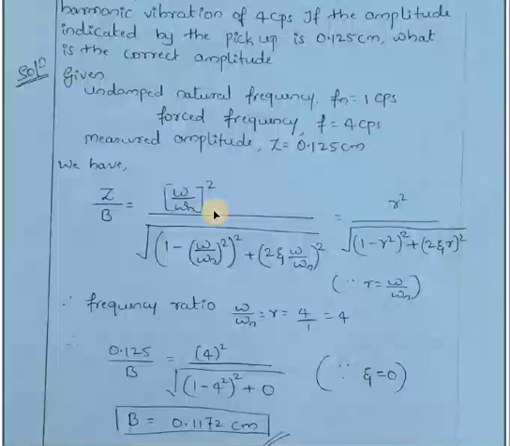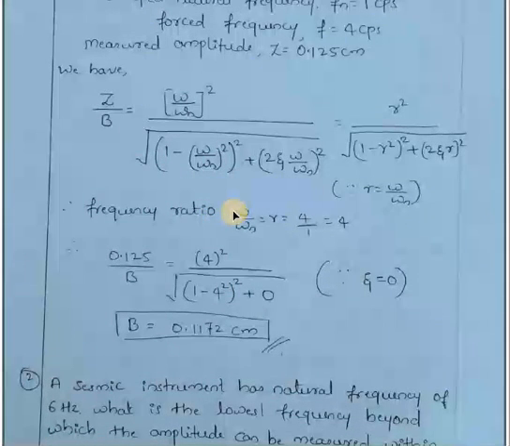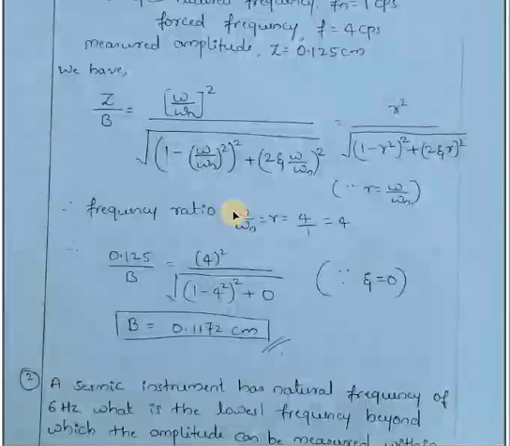Okay. So now first you need to calculate the frequency ratio, that is omega by omega n. You know omega is given as 4 CPS and omega n is given as 1 CPS. So with the help of that you will get the R value as 4. And in that equation Z is given, it is 0.125 centimeter.